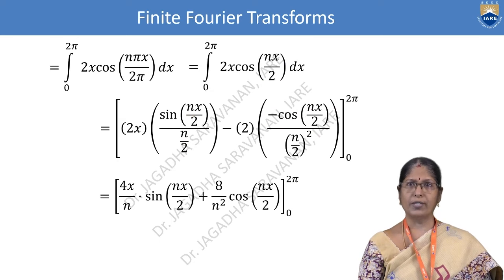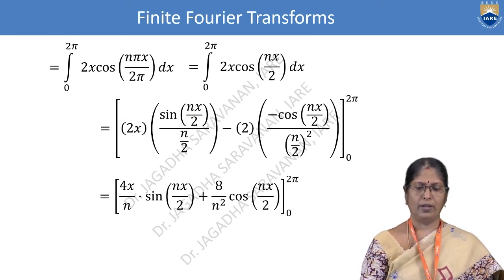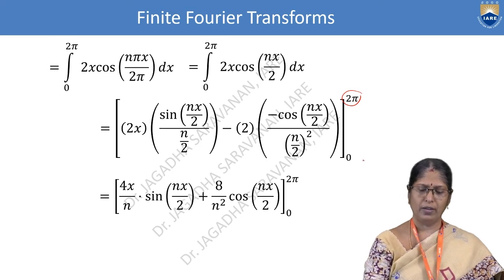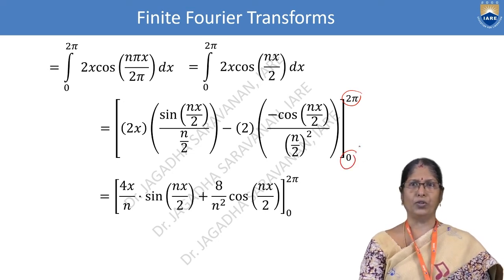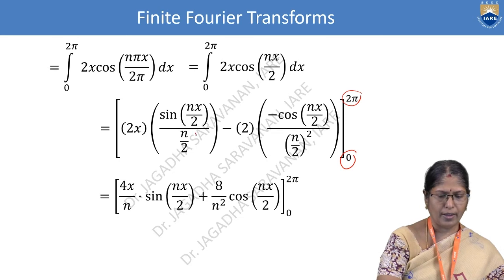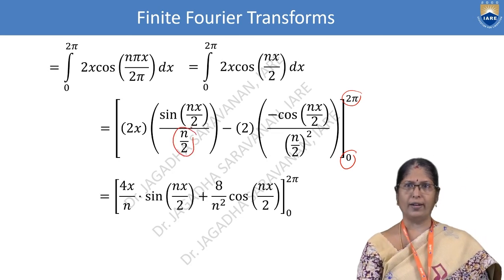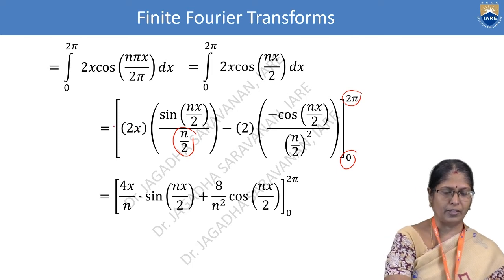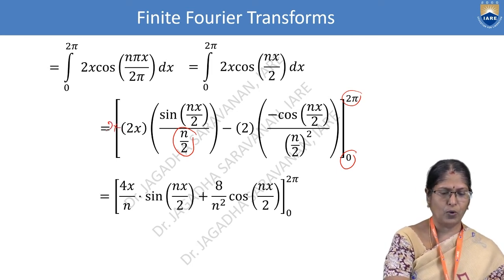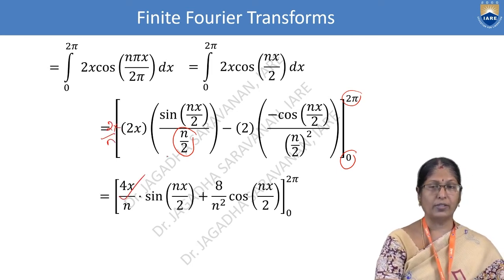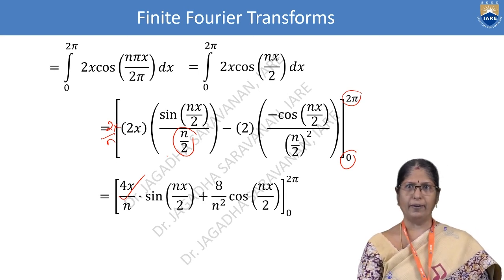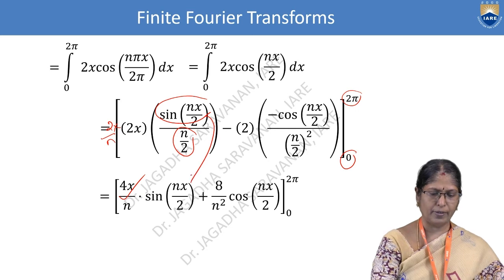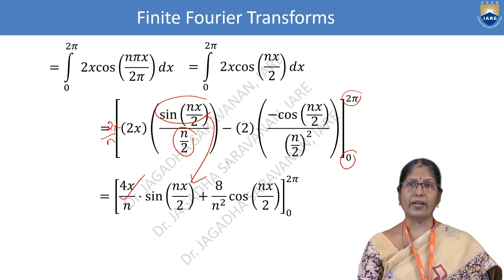Now we will do the simplification, before applying the upper limit 2 pi and the lower limit 0. Here n by 2 is there. That we will bring up, it is multiplied by 2 by n. So it is 4x by n, sine of nx by 2 written as it is.